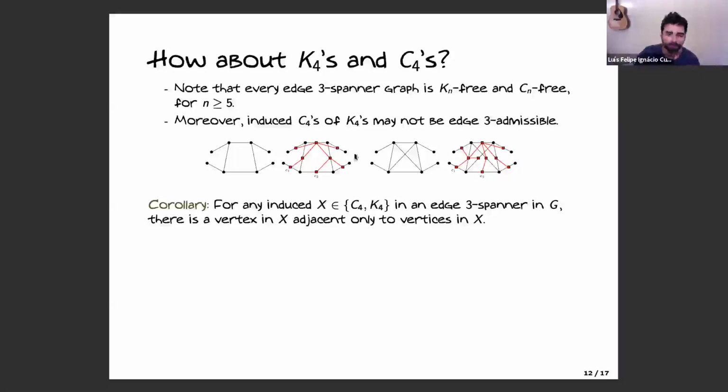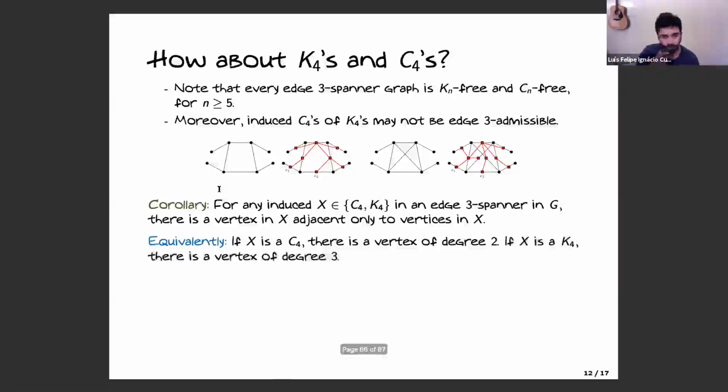So what we conclude based on that is that for any x induced in an edge tree admissible graph, such that x can be a C4 or K4, we already know that C5, K5, and any other value greater than that, such a subgraph does not belong to the graph. But if there is a C4 or K4, then there must be in the C4 at least a vertex of degree equal to 2.